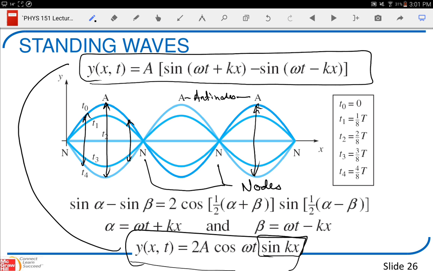Oftentimes when we see these, you only have the top line and the bottom line, and you tend to think that the string is somehow split in two and is stationary. But it's not. It's going up and down between those, but at the nodes it's not moving. So this is what we call a standing wave.